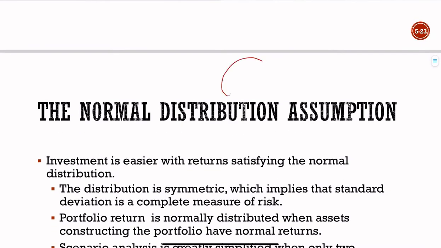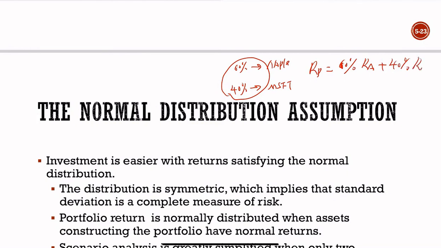Let's say you have a portfolio and you have 60% invested in Apple, and you have 40% invested in Microsoft, and your portfolio return would be 60% times Apple's return plus 40% times Microsoft's return.